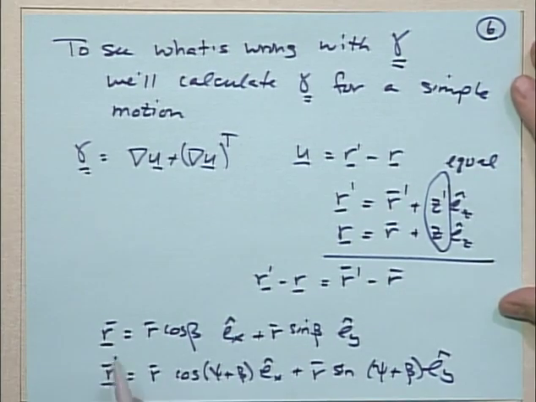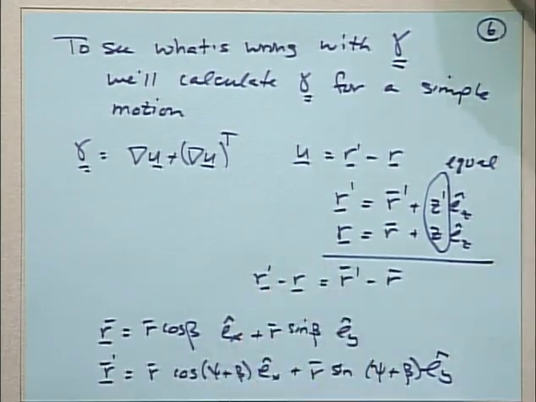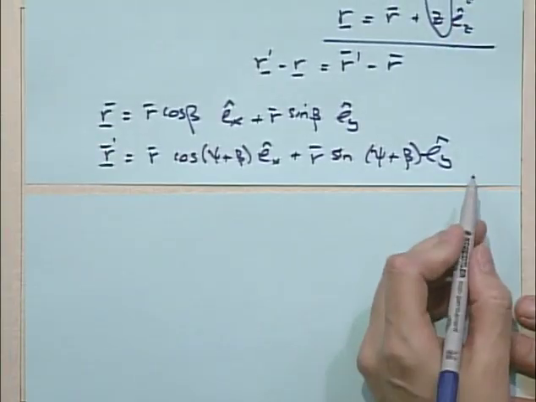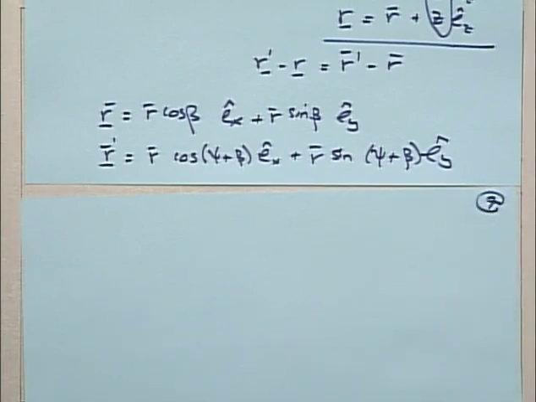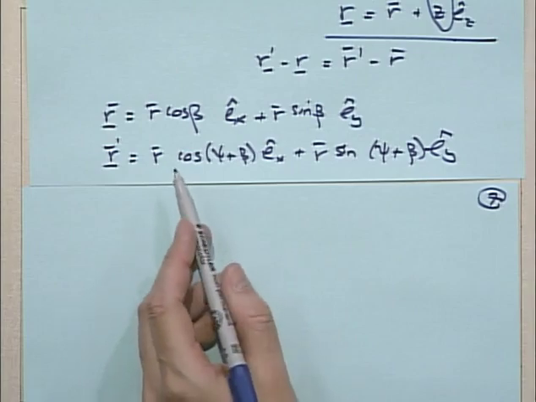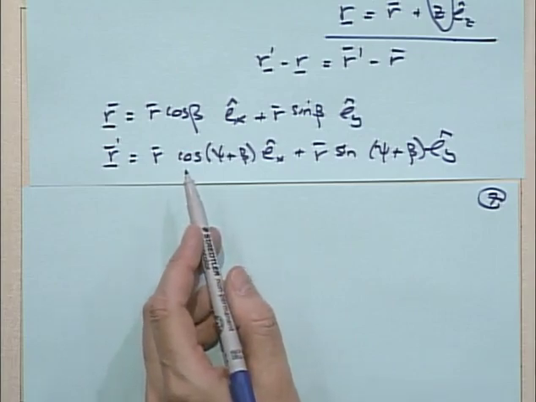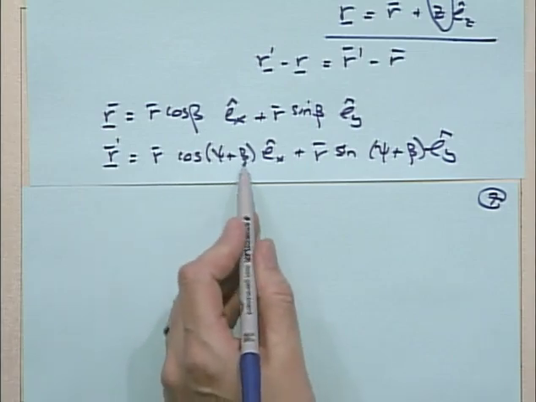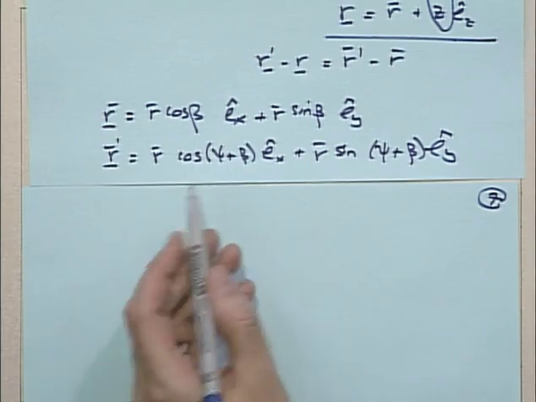Now we've got these R and R prime, so we can get U. And I'm going to let me first expand this product here.